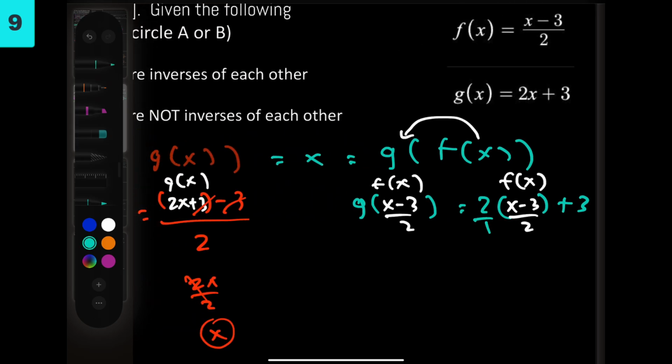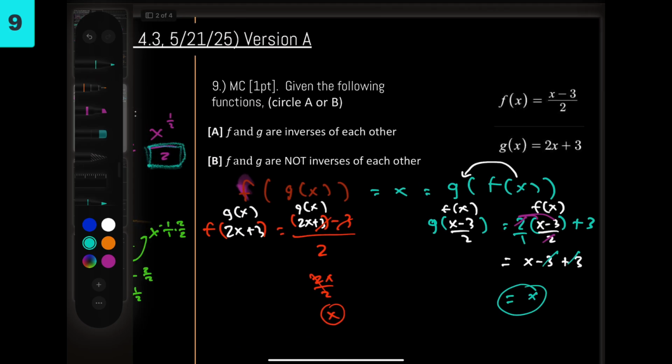Okay, you put it over 1. You can cross cancel there. If you distributed the 2, you'll eventually get the same thing if you divide by 2. So you'll get x minus 3 plus 3, and then these cancel, you're left with x. So they're both equal to x. The answer is yes, they are inverses.